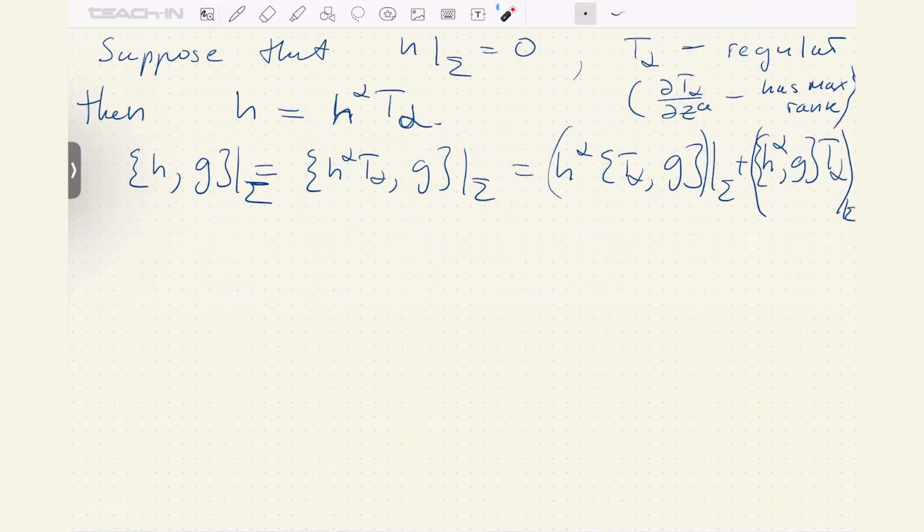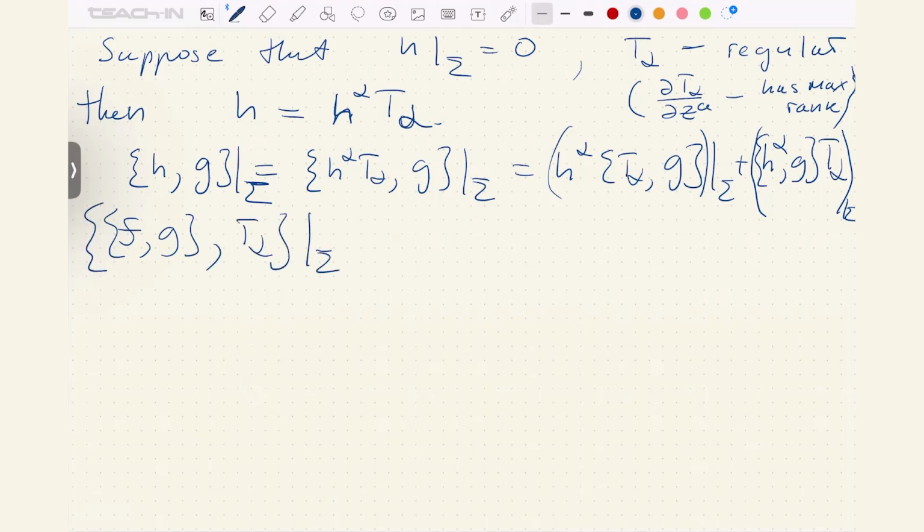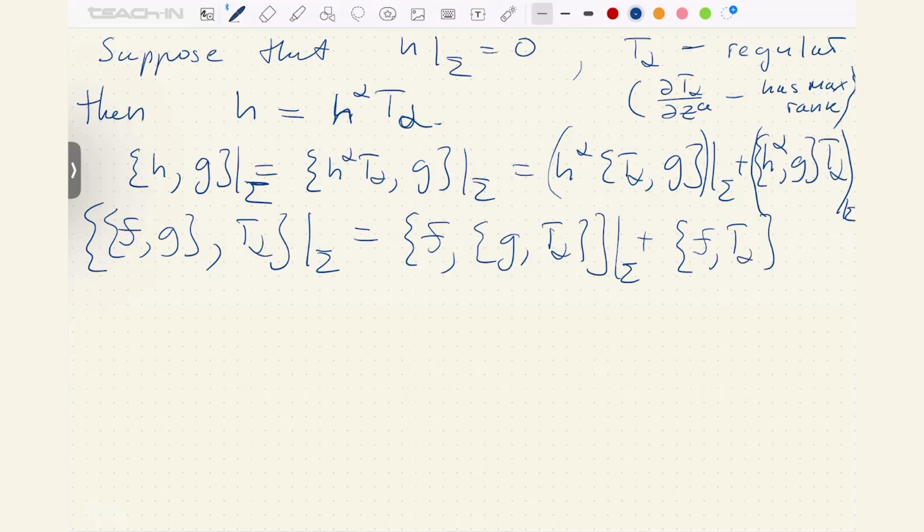So {f, g} with T alpha on sigma equals, now we do Jacobi. So what we get: f with bracket g with T alpha on sigma plus f T alpha g, right? Again on sigma.